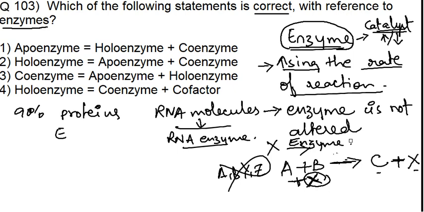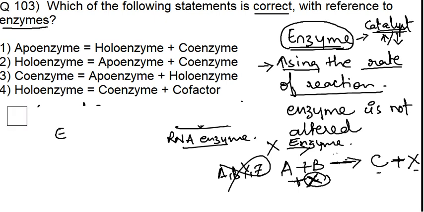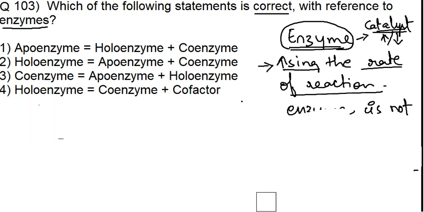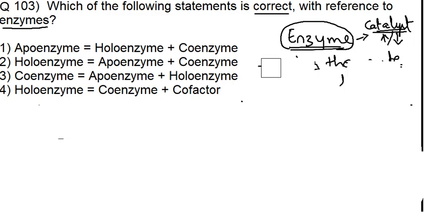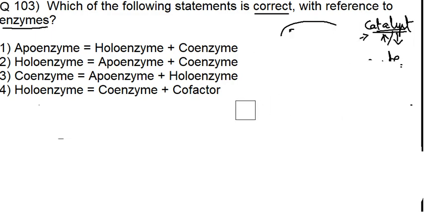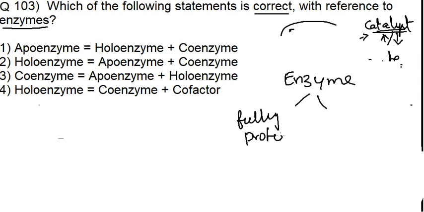Now, here also there are two possibilities. Either the enzyme can be fully made up of protein, or it can be made up of protein partially, that means half of the enzyme is made up of protein and the other half is made up of another molecule.